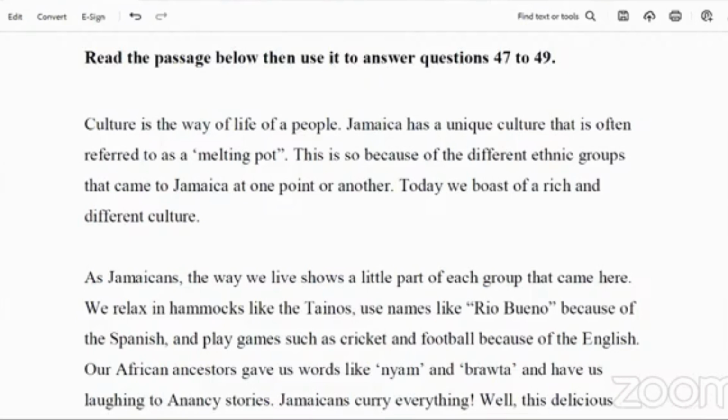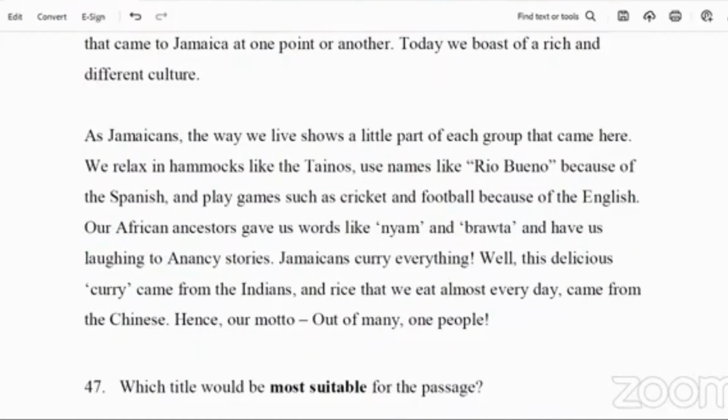Our African ancestors gave us words like nyam and bra and have us laughing to Anansi stories. Jamaicans curry everything. Well, this delicious curry came from the Indians, and rice that we eat almost every day came from the Chinese. Hence our motto, out of many, one people.